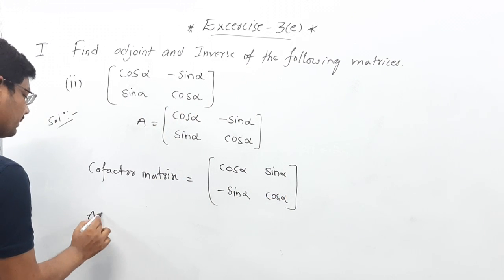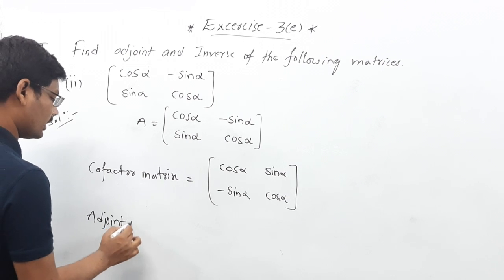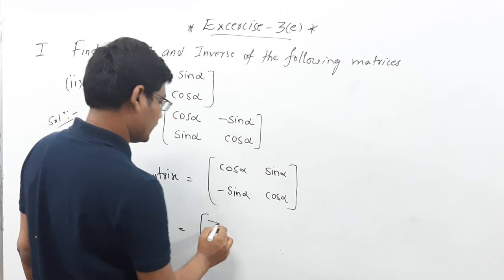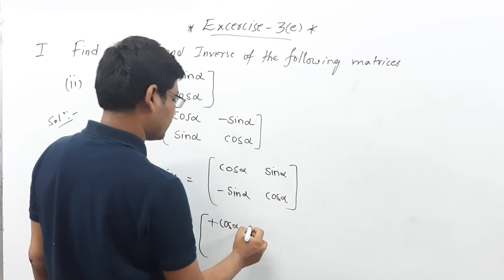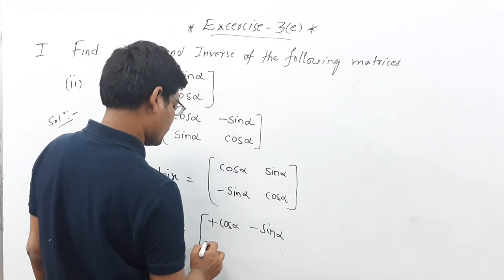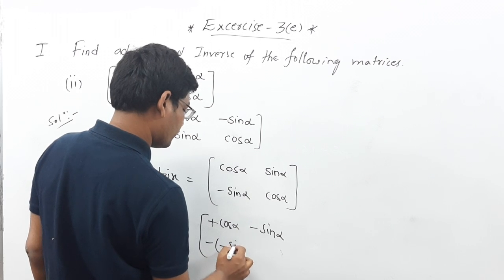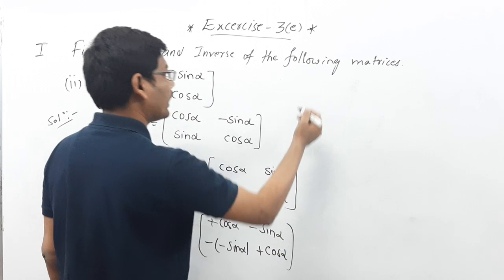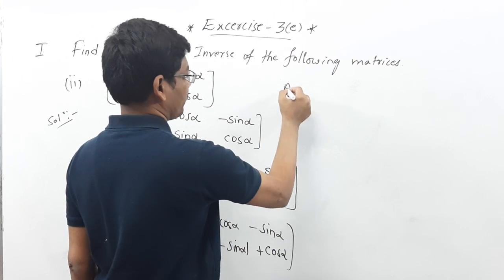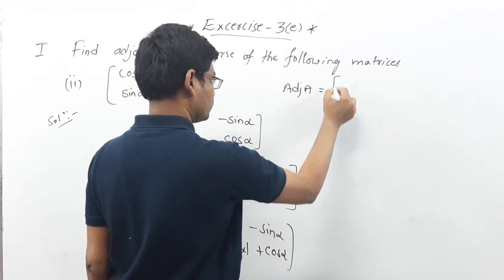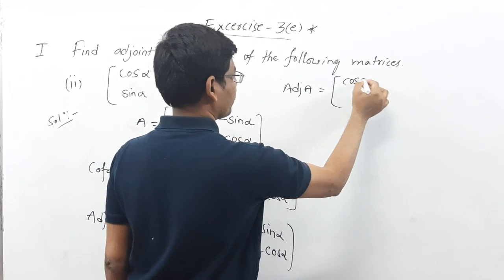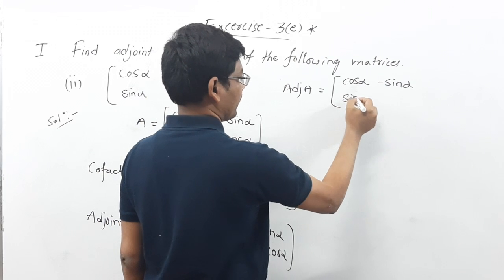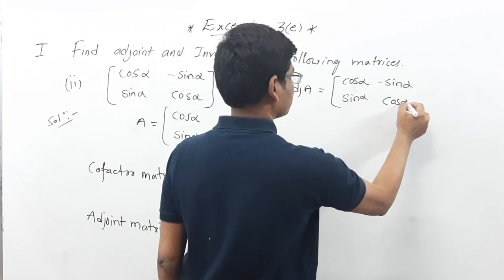Now we need the adjoint matrix, which is changing the signs alternately: plus cos alpha, minus sin alpha, minus of minus sin alpha, and plus cos alpha. So the adjoint of A is cos alpha, minus sin alpha, sin alpha, cos alpha.